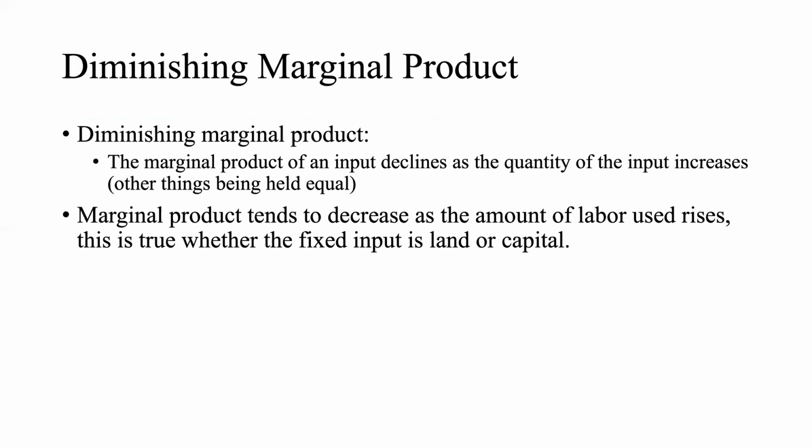A helpful example that I like to think about is imagine you are producing t-shirts and you have one machine, and that machine can have a maximum of 4 workers working at that machine at one time.